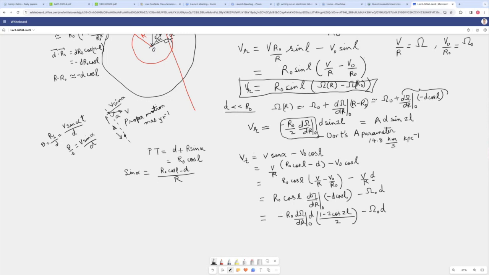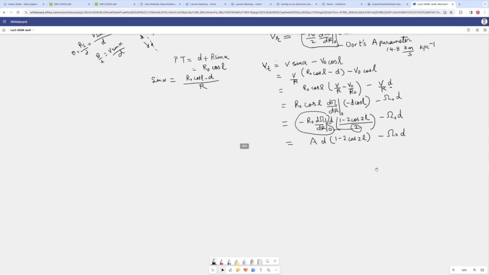But we know we have encountered this combination already. This and this 2 absorbed in it is nothing but A. So this is A times d, 1 minus twice cos 2l, minus omega naught d. Okay, so let's see.